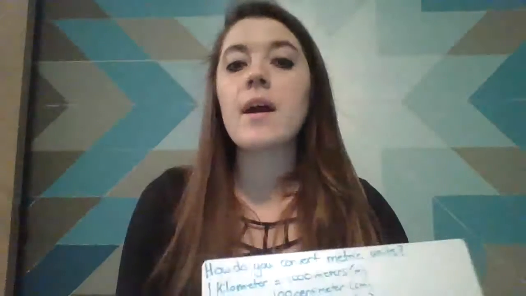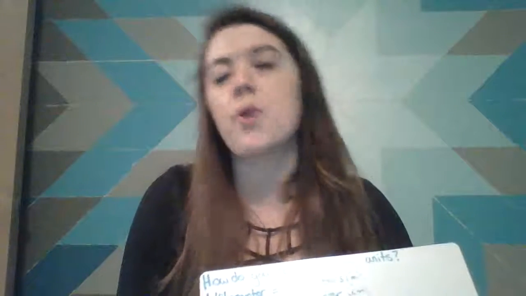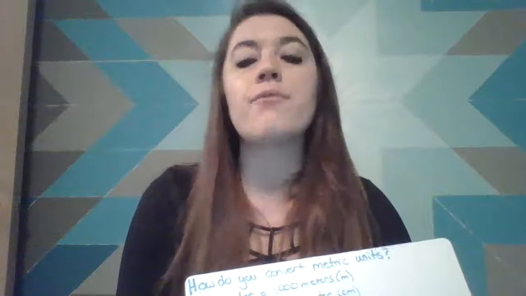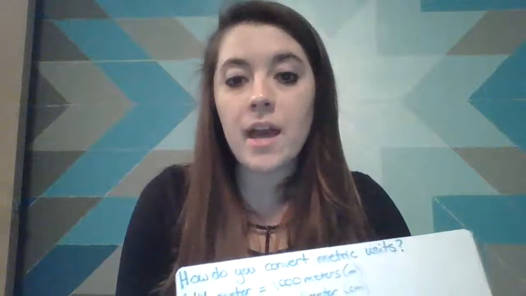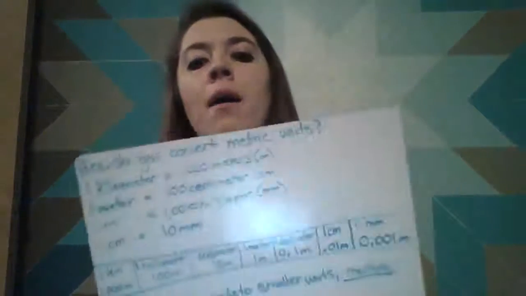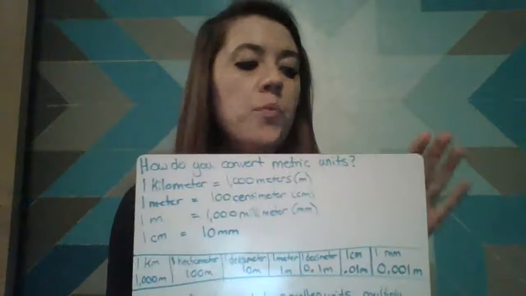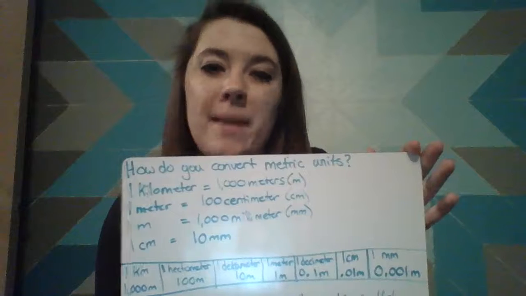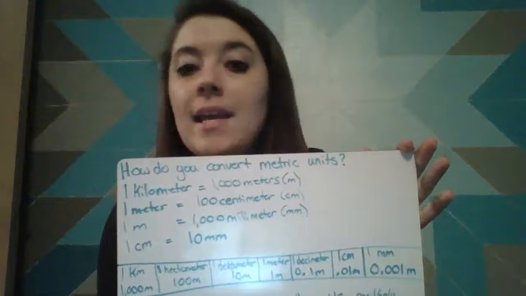Alright, so last time what we were looking at was all the customary units of measure: the customary units for length, for capacity, and for weight. Now what we're going to look at is the metric units. The customary system, like I said last time, is the American way of measuring things.